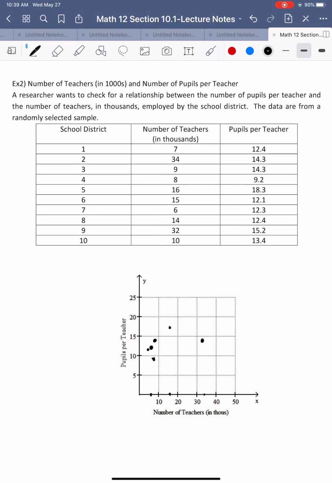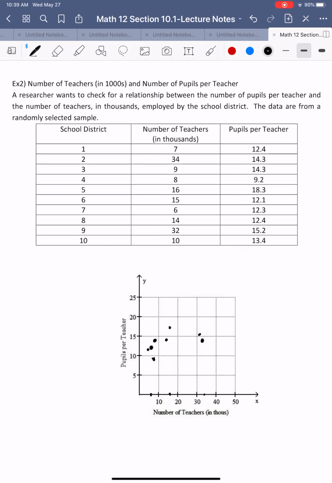And then District 8 has 14 teachers. Okay, 14 teachers has 12.4. And then District 9 has 32 teachers. 32 about here, and then 15.2.